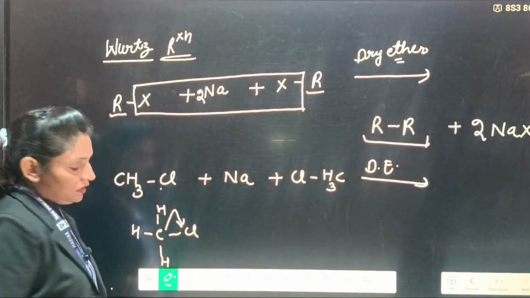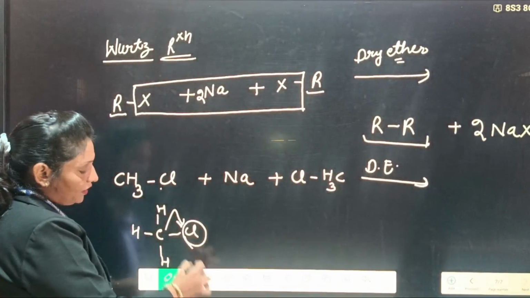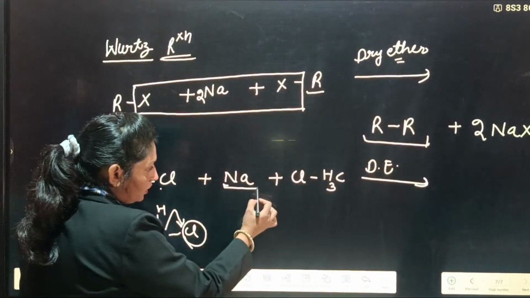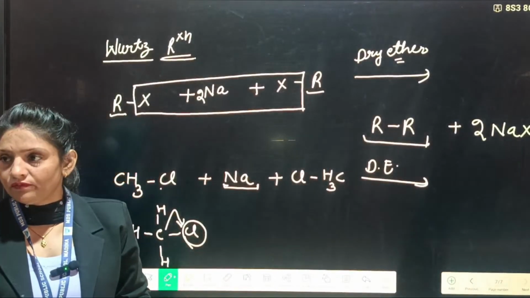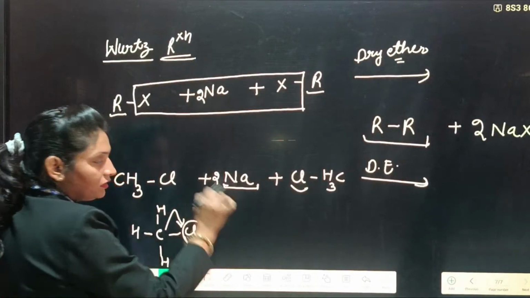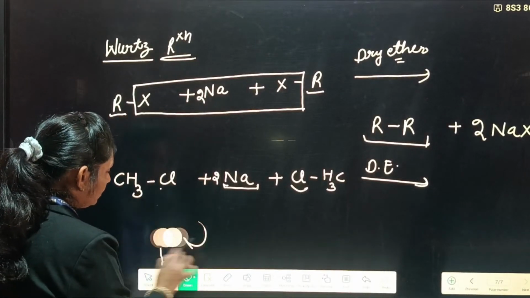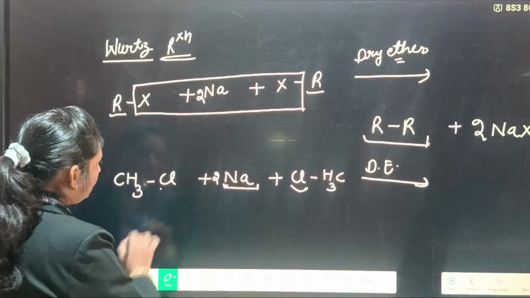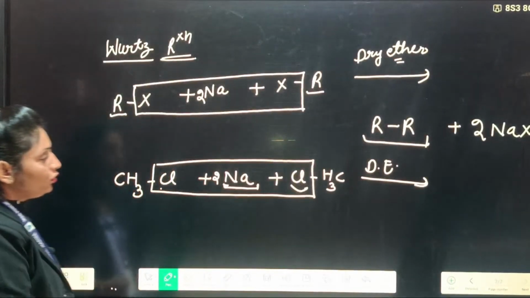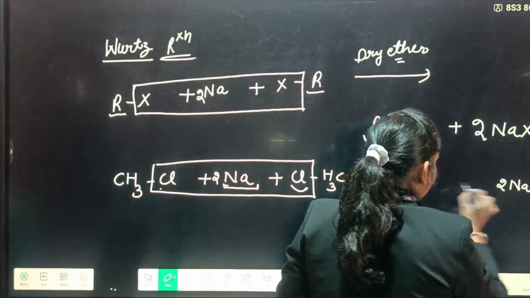Then it can attract electron towards itself, means Cl negative can be removed. And one sodium can lose one electron only. Then for two chlorine we need two sodium. Clear? That's why we will take two sodium. And finally, 2 NaCl you can remove. Simply you can write the reaction.